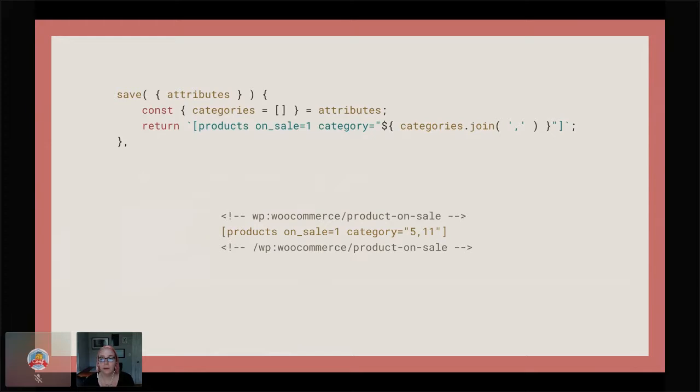You can also save straight to a string. For a while, we were doing something like this on the WooCommerce product blocks because we just wanted the block to be an interface for editing the shortcode. And that worked for a while because shortcodes are pretty terrible to work with, so any kind of nice interface on top of it was a plus.